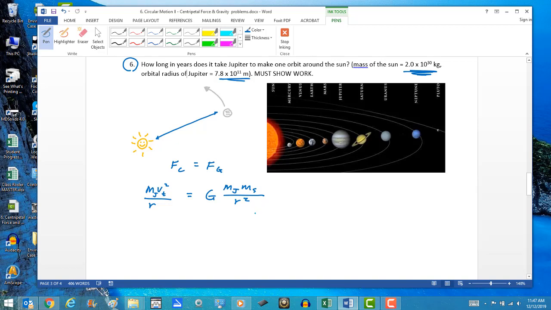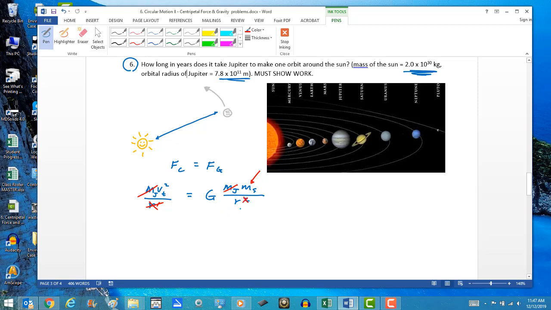So right away a bunch of things fall out of that equation. Let's go to red here. The mass of Jupiter falls out, and so we don't even need the mass of Jupiter. And we're given the mass of the Sun right there. Now what else falls out? One of the r's falls out, because that's really r raised to the first power. So it's going to go away, and the squared is going to go away over here.